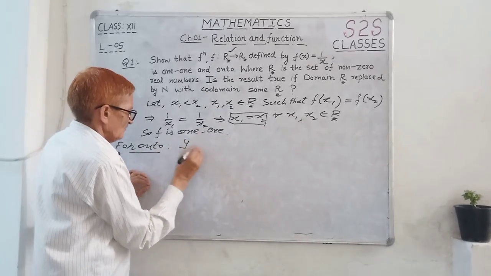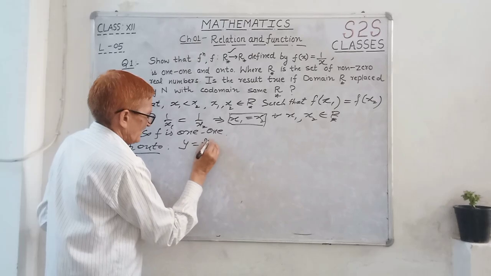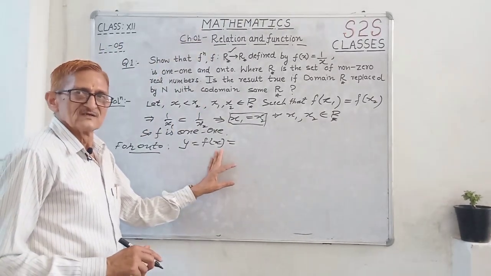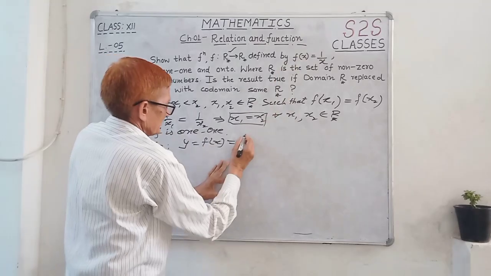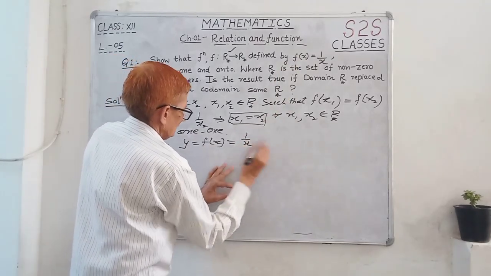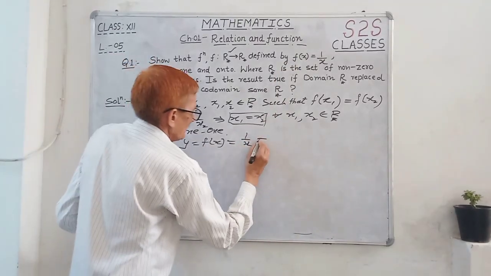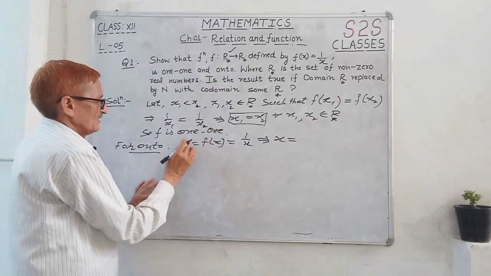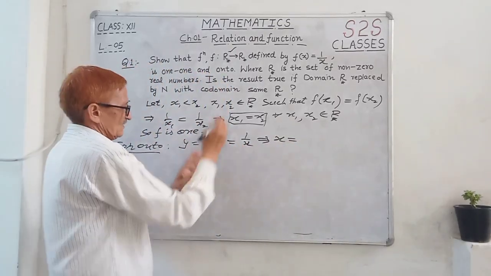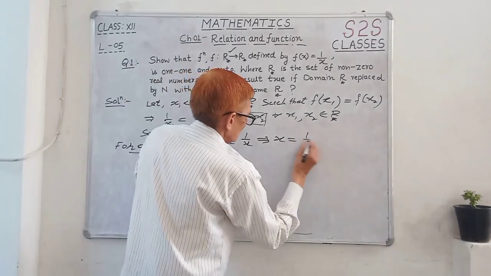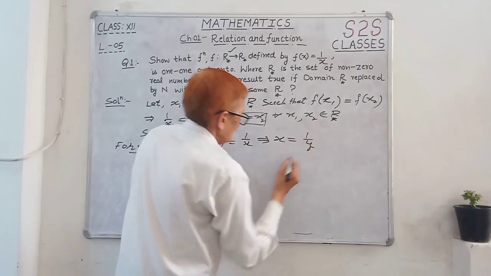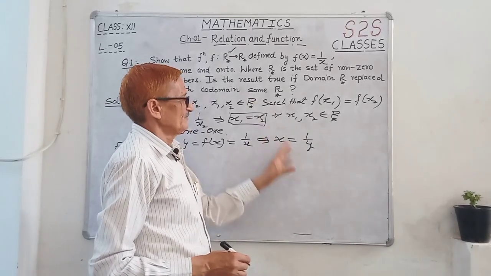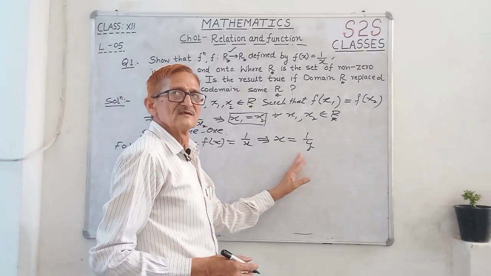Okay, after that, for onto: y is equal to f(x). Now y is equal to f(x) is equal to 1 upon x. Then this implies what is x? x will go and multiply, y comes in divide, so x will be 1 upon y. Now for the same, x belongs to real numbers.